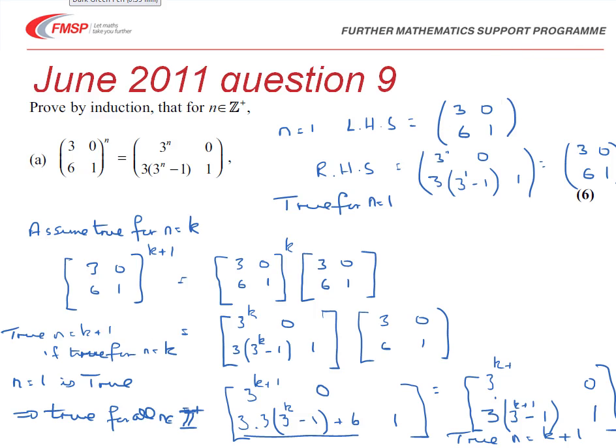Where do the marks go here? Well, there's, as usual, a B1 mark for the basis case, an M1 mark for the induction step starting off correctly, and then an accuracy mark for getting that multiplication at this stage.